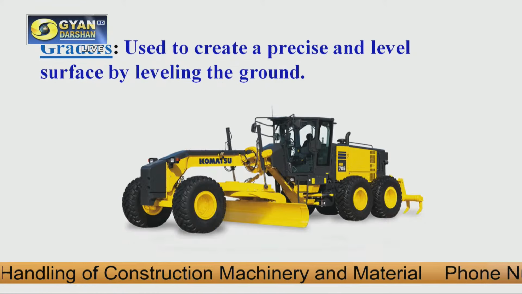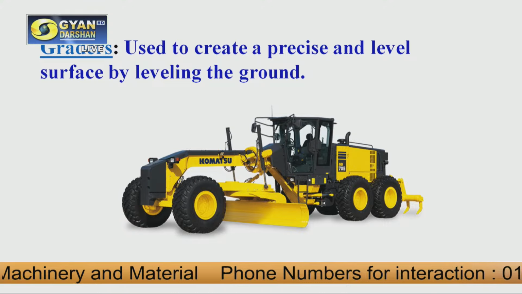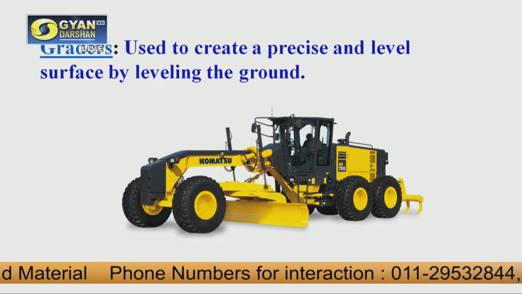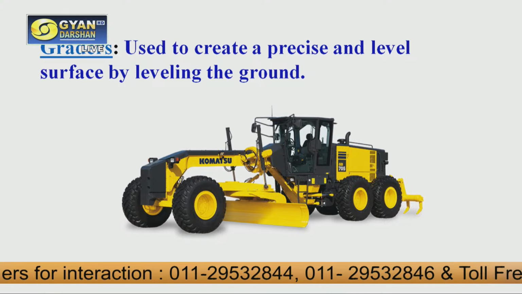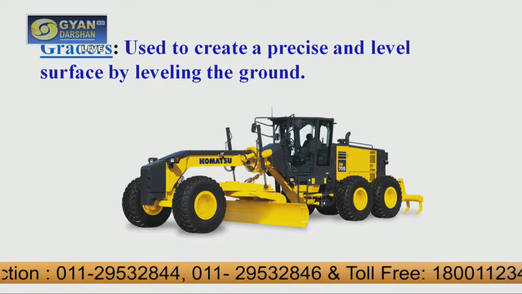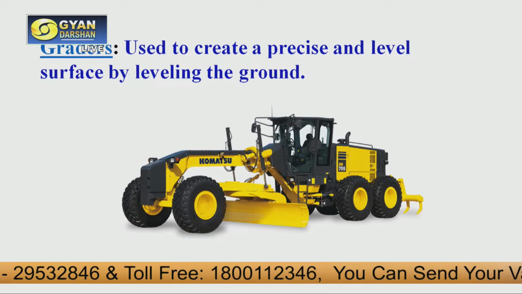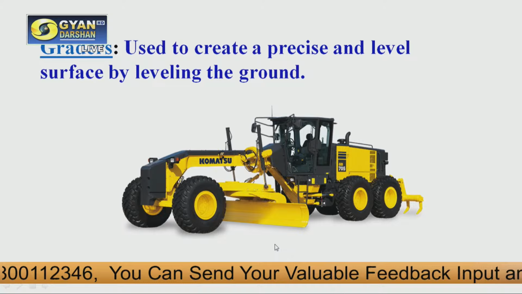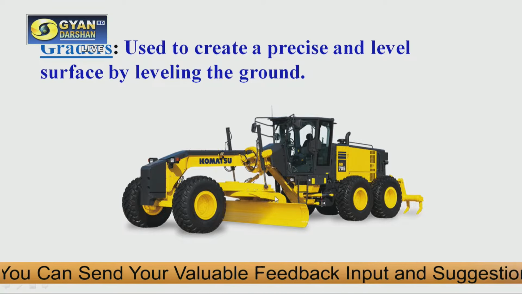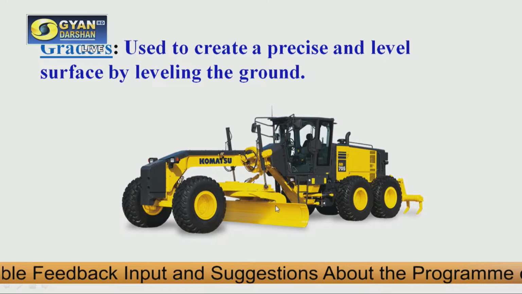Then another equipment which falls in the category of earth moving equipment is your grader. Grader is used to create a precise and level surface, means leveling of a ground basically. It has a blade you see in the middle of this equipment, which pushes the soil from the higher places to the lower places.